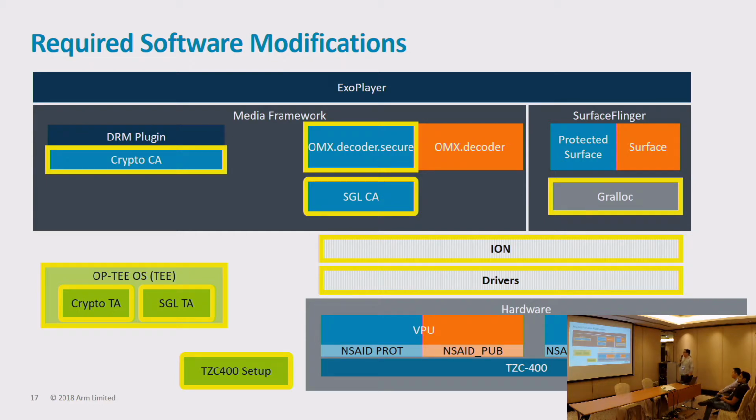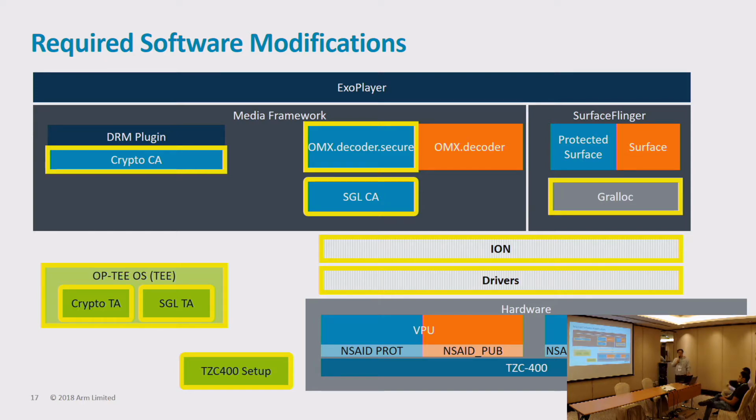So here is the modification we required to implement the TZMP1 solution. First, the crypto CA: most of the DRM schemes need the OEM to implement the crypto, such as the OEM crypto for Widevine. And we have some changes in OP-TEE OS.